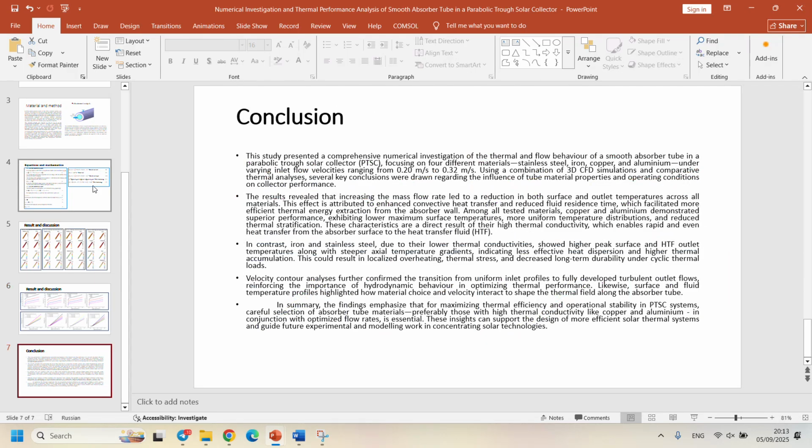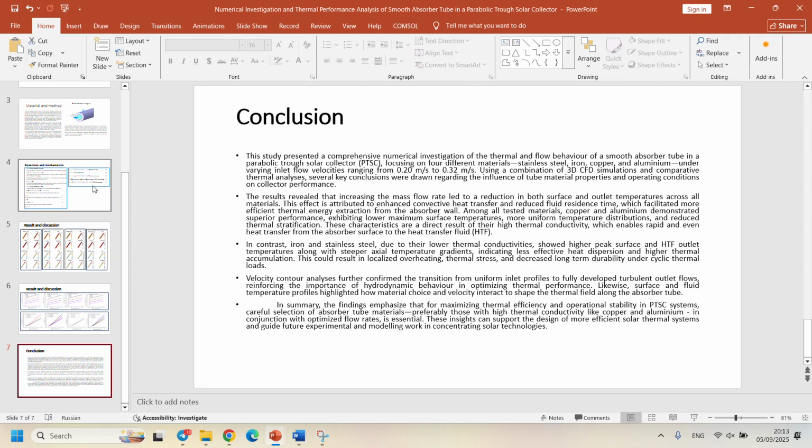Let's come to conclusion. This study presented a comprehensive numerical investigation of the thermal and flow behavior of the smooth absorber in a parabolic collector, focusing on 4 different materials: stainless steel, iron, copper, and aluminum under the varying flow velocity ranging from 0.2 to 0.32 meter per second.